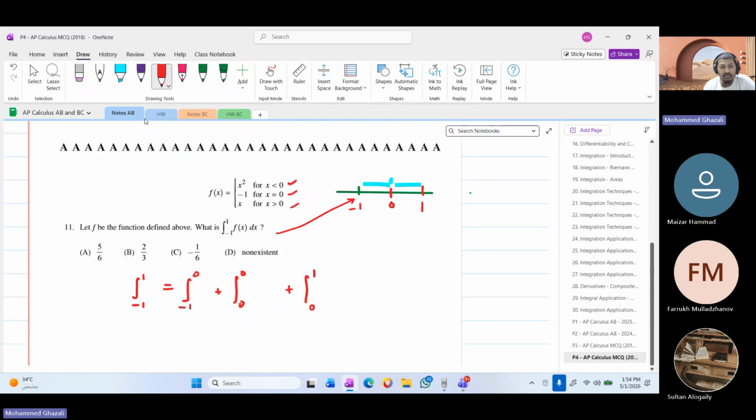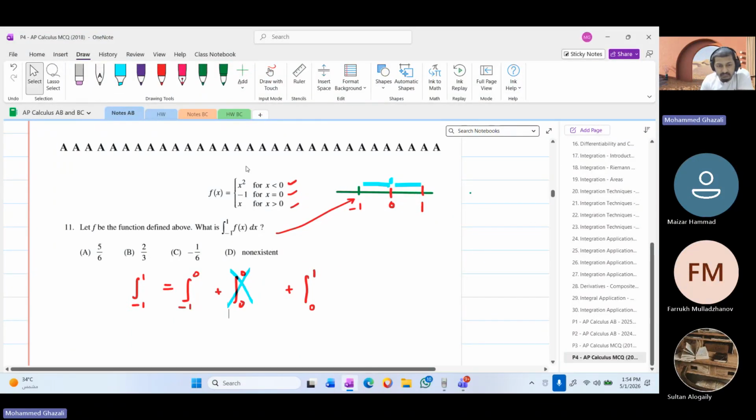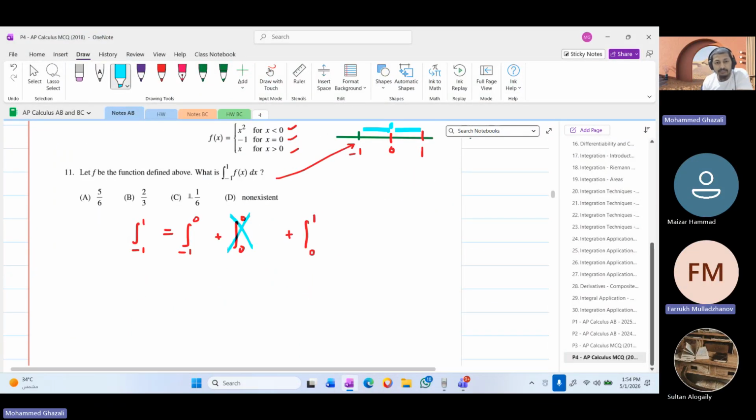Now 0 to 0 is just 0. You're not evaluating anything. Isn't 0 to 0 just an indefinite integral? No. The integral from 0 to 0 is just 0. There is no area under this.